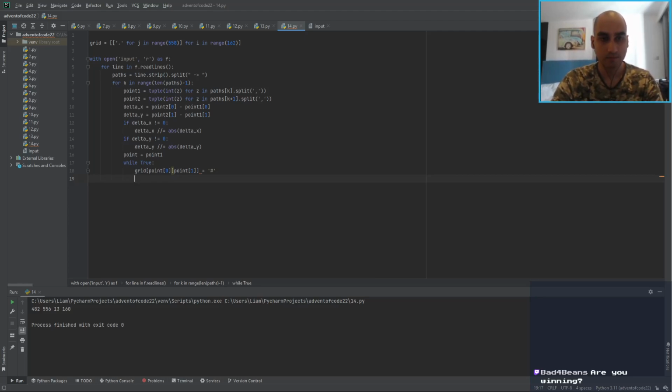So point equals point 0 plus delta x, point 1 plus delta y. If point is the same as p2, we break out of this loop. That's when we stop. All right.